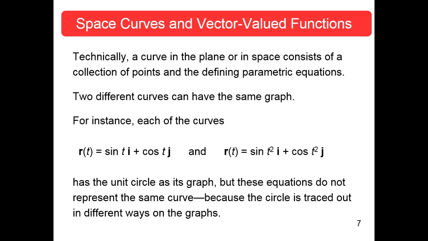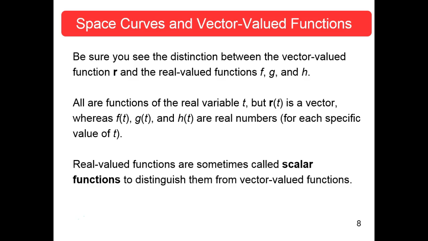Not to beat a dead horse, but be sure you see the distinction between the vector valued function r and the real valued functions f, g, and h. All are functions of the real variable t, but r of t is a vector, while f, g, and h are real numbers. They're scalar functions. When you put in a t for f, you get a number out.